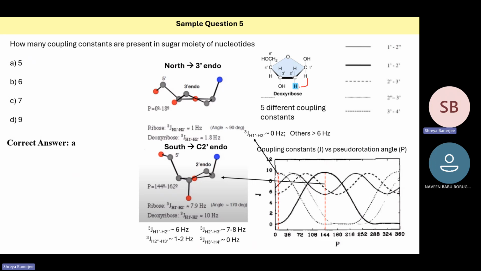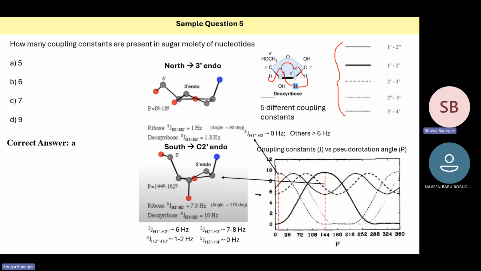You can have 1' to 2'', so the other 2'. Then you can have 2' to 3'. You can have 2'' to 3'. And finally, you can have 3' to 4'. So these are the 5 coupling constants that can happen in case of DNA.